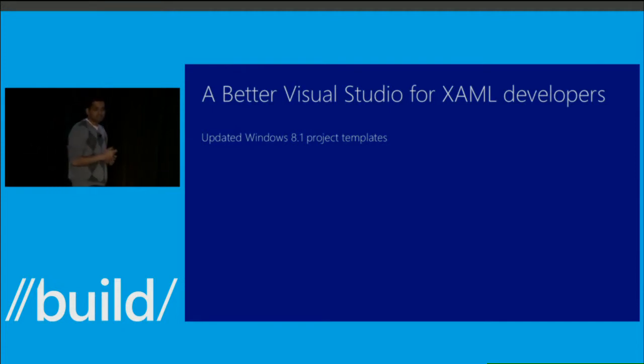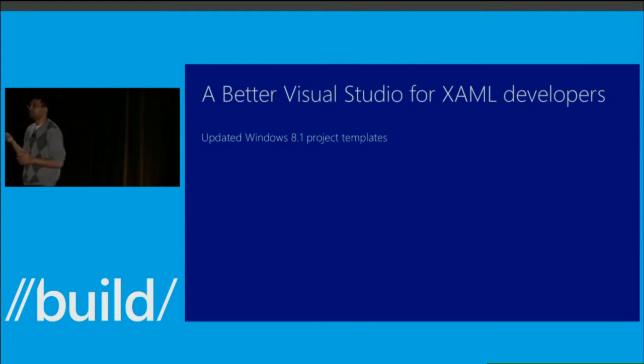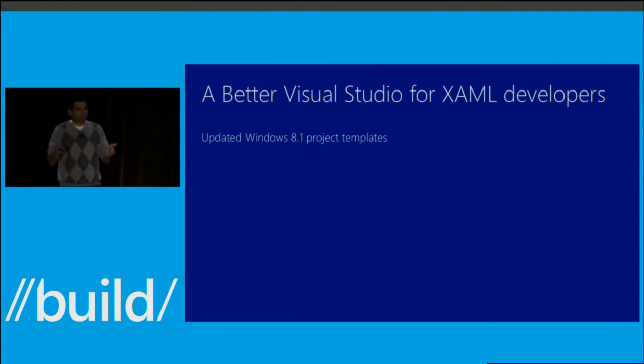In response to that, you'll notice that Visual Studio has a lot of changes to the templates that we have made. Of course, you can take your Windows 8 app and bring it forward. That's fine. But if you were to start from scratch, you'll notice that the templates have changed quite a bit. I'm going to take you on a quick tour of some of these changes just to get you familiar with these things. That's going to be a part of my demo.